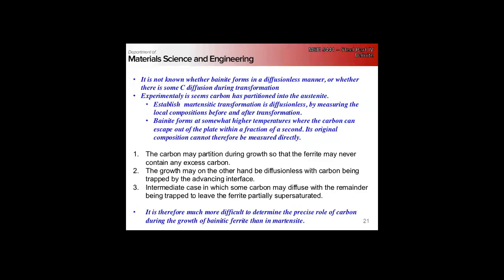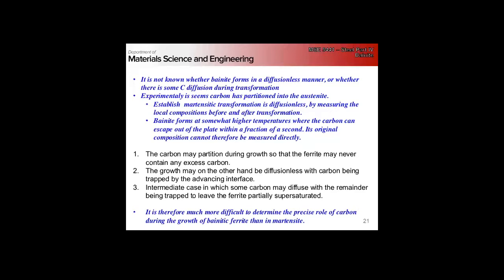We quench down, but we cool fast enough that the carbon doesn't have time to diffuse any significant distance, right? We can form martensite really fast. Then we can measure the carbon content in the martensite after the fact, and we see it was the same as what the austenite was before we quenched. And so therefore we know that martensite has to be diffusionless.